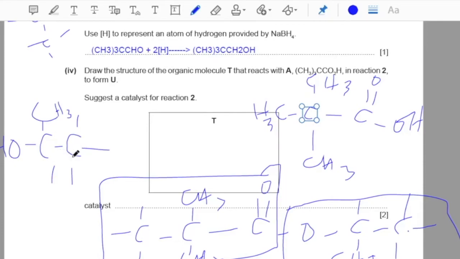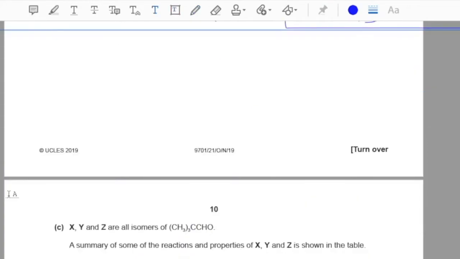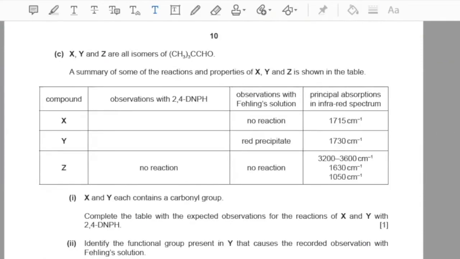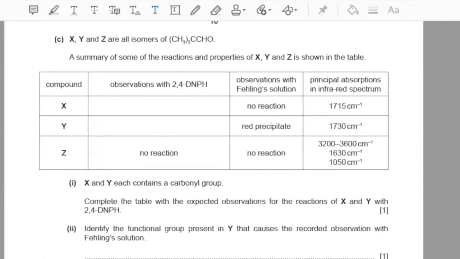This is propan-2-ol because the hydroxyl functional group is on the second carbon atom, and the catalyst being used in this reaction is dilute H2SO4.